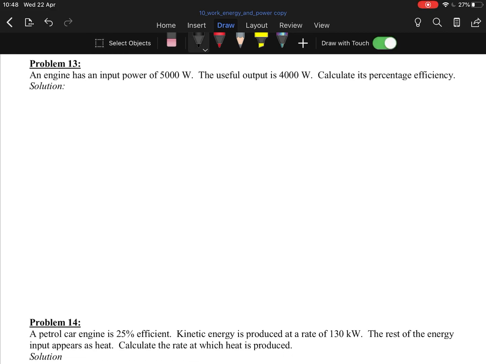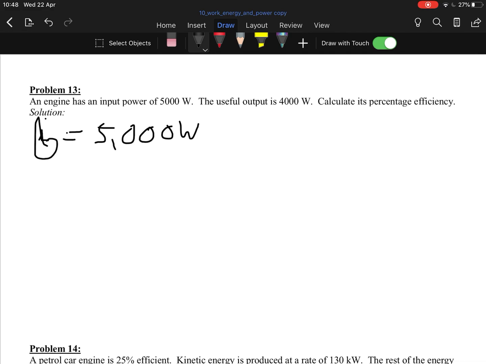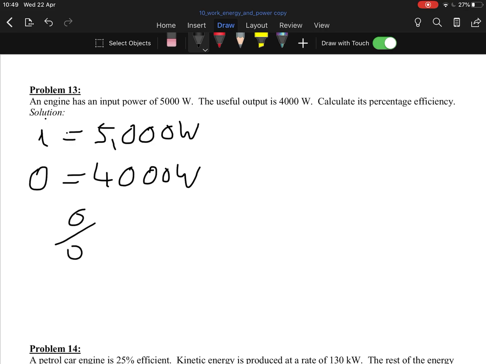Problem 13 then. An engine has an input of 5,000 watts. In other words, the maximum power this thing has is 5,000. The output is 4,000 watts.